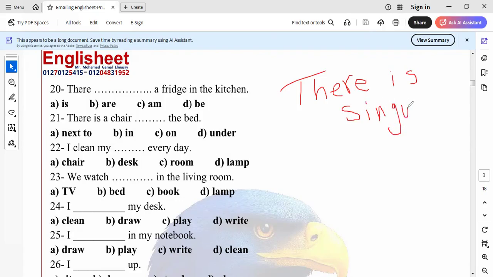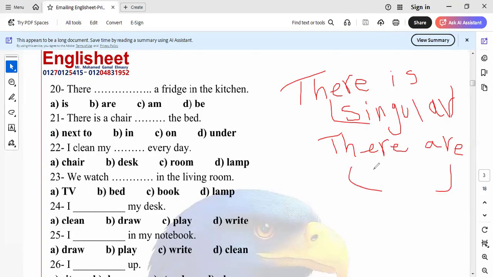If you forget, you can remember with me. There is for singular, and we have there are for plural, okay? This is the singular and this is the plural, okay? So here we have there is for singular and there are for plural.